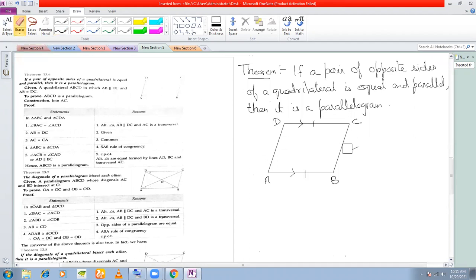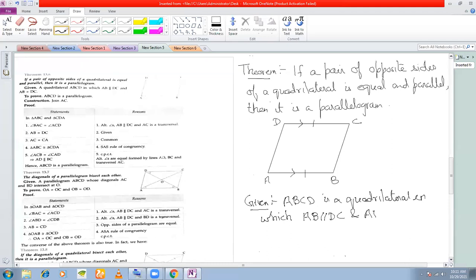Therefore, given here, ABCD is a quadrilateral in which AB parallel to DC and AB is equal to DC. That means one pair of opposite sides is parallel and equal.